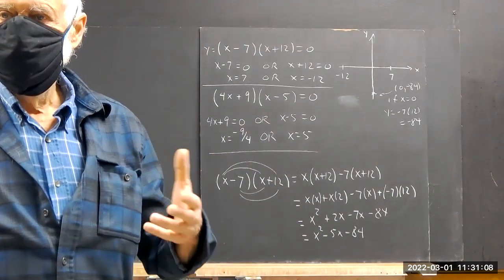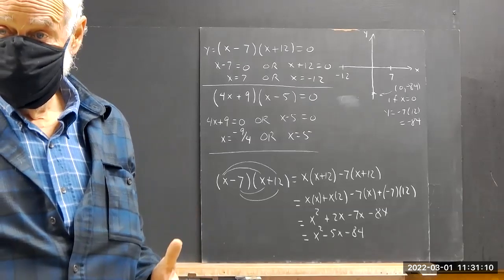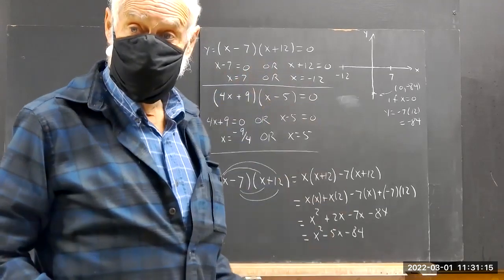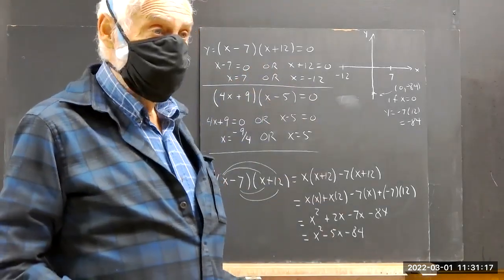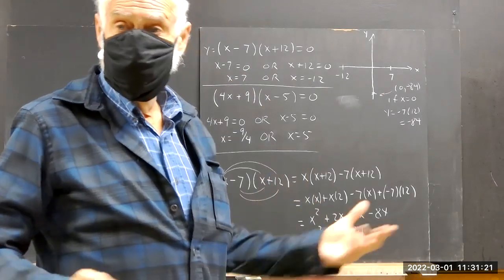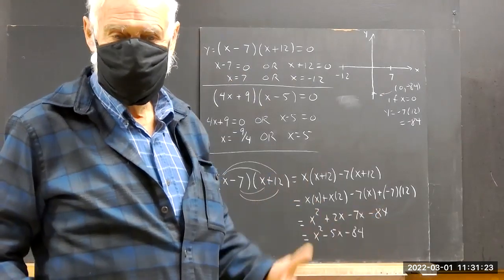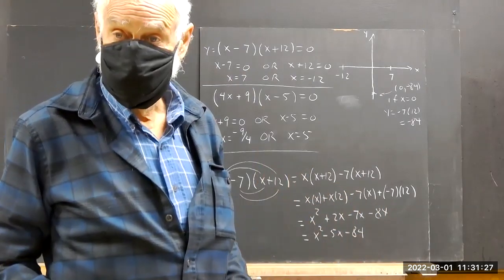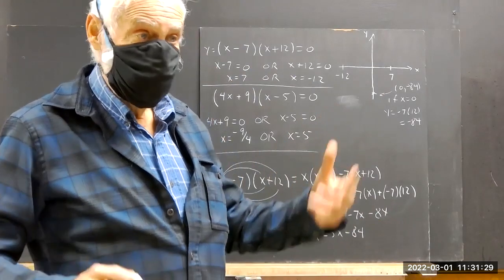Now, if x is a really big positive number, then both of these are really big positive numbers. Like if x is a zillion, then a zillion minus 7 and a zillion plus 12 is pretty close to just a zillion times a zillion, right? Whatever a zillion is, very big number, okay?